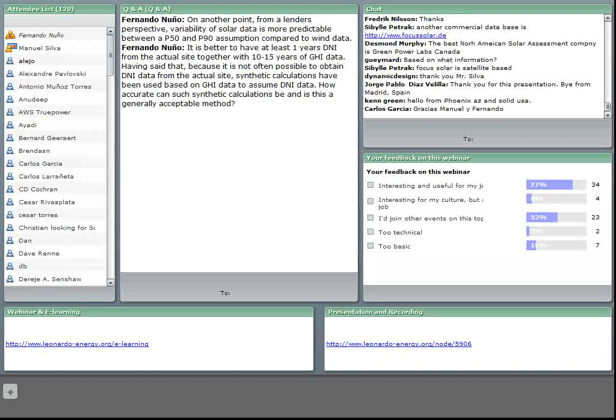This has been represented today. So the question is, how accurate can such synthetic calculations be? And is this a generally acceptable method? Again, I ask this question on behalf of a banker.